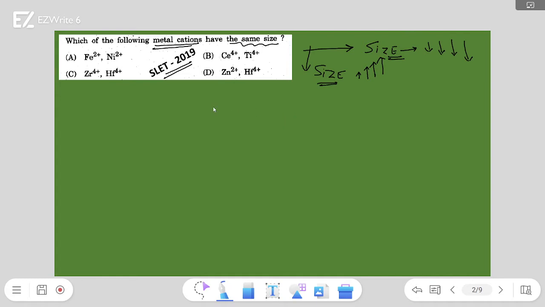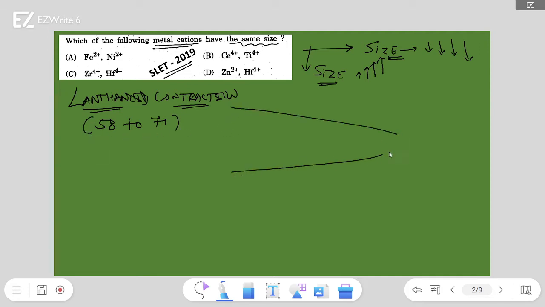But in this, there is a very special chemistry point that is always remembered as lanthanoid contraction. Whenever we discuss this topic, we very well know that the lanthanoid series, that is atomic number 58 to atomic number 71, show a very high decrease in their atomic and ionic size.